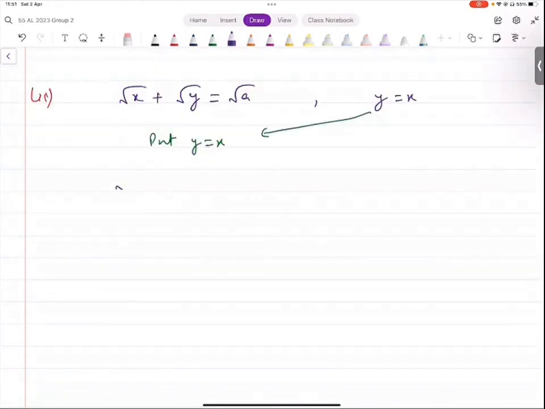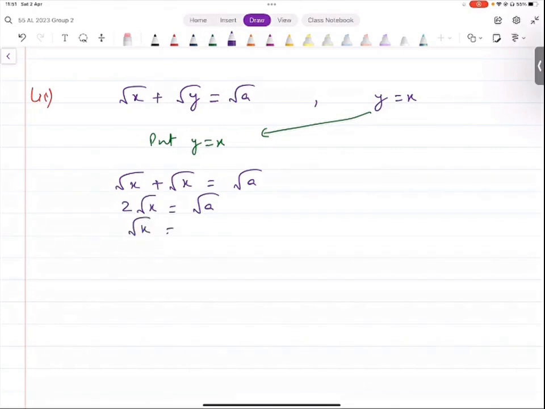We get square root of x plus square root of x equals square root of a. That is 2 square root of x equals square root of a. Square root of x equals square root of a over 2. X equals a over 4. Is that okay? ये आपके पास x coordinate आ गया.